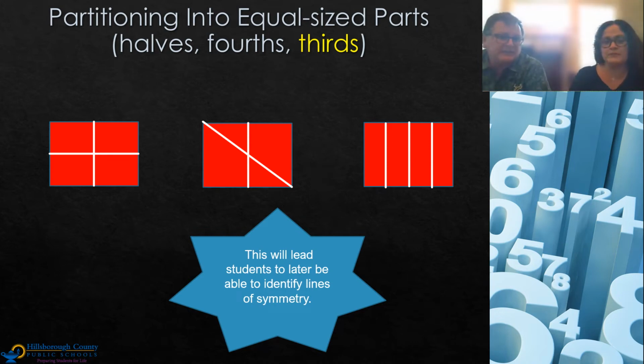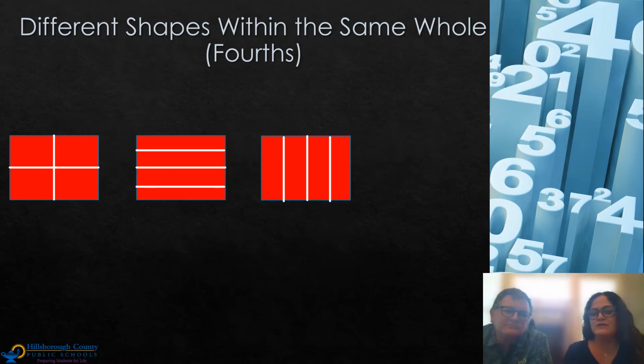Exactly. So Daryl, I have some other figures here on the slide that I would like us to take a look at. Just like we talked about on the previous slide, we see 3 rectangles that are divided, the same whole, into equal parts, which is 4 equal congruent parts.